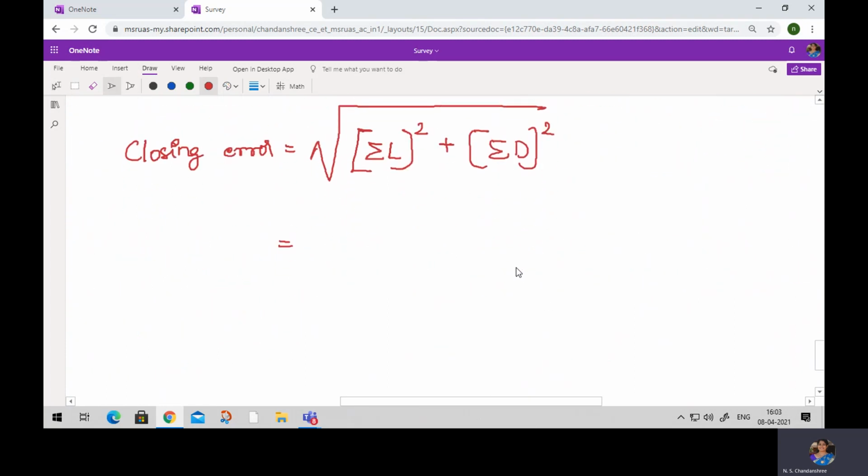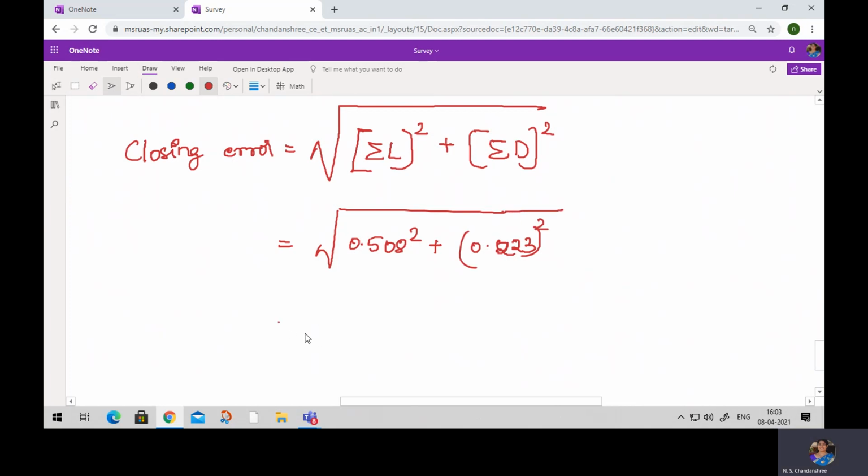Substituting those values, under the root, 0.508 whole square plus 0.223 whole square.